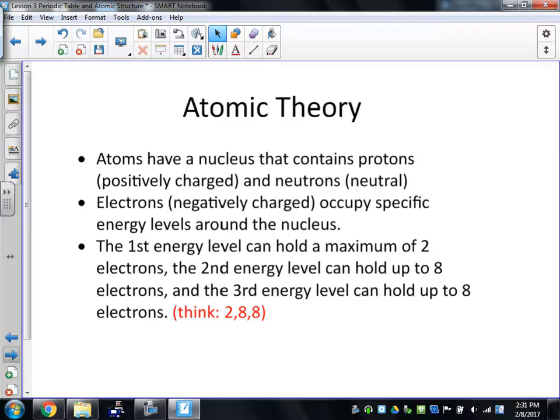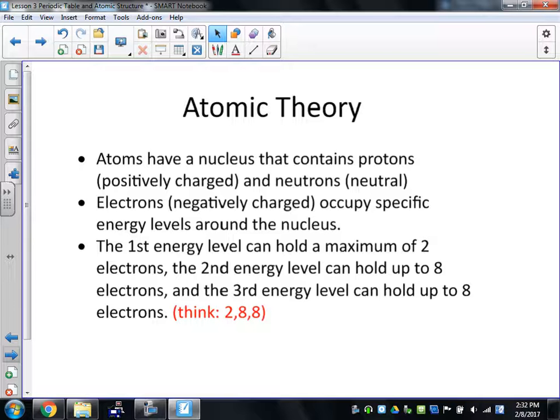Atoms have a nucleus that contains protons, positively charged, and neutrons, which are neutral. Electrons occupy specific energy levels around the nucleus. The first energy level can have 2. The second can have 8. And the third one can have 8. For our purposes, guys, we are not going to go past there.